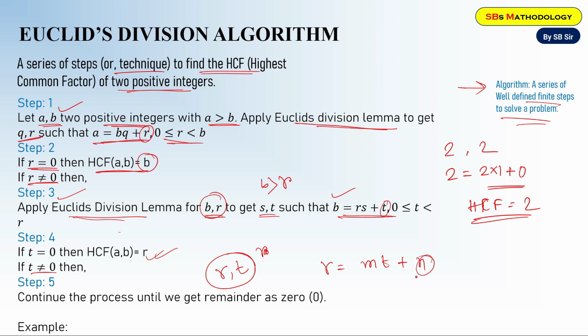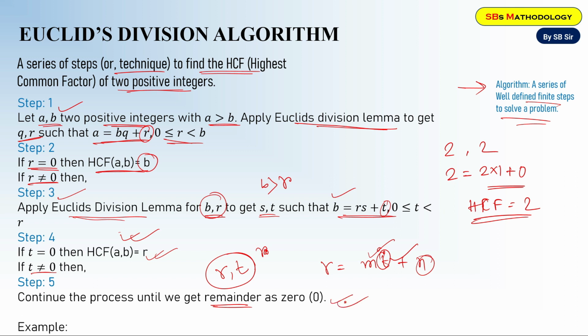In that step, if n is equal to 0, then our HCF will be t, and if not equal to 0, we continue that process until we get the remainder as 0, because whenever we get remainder 0, the HCF will be the divisor.